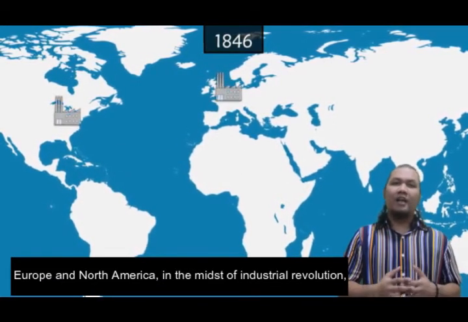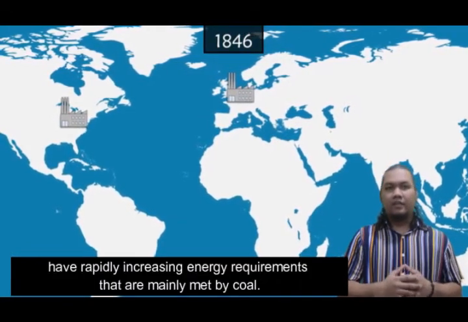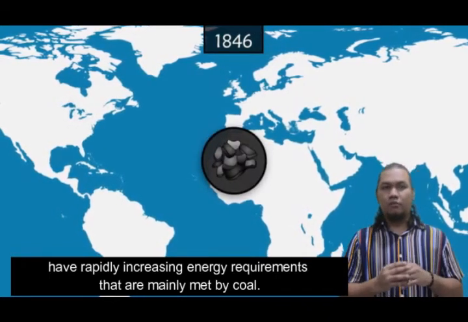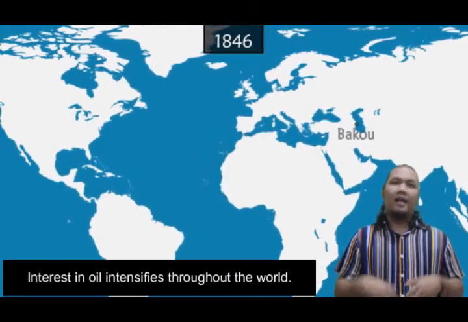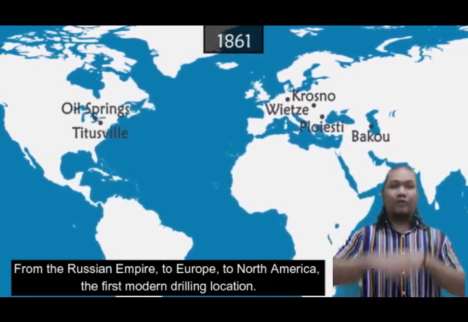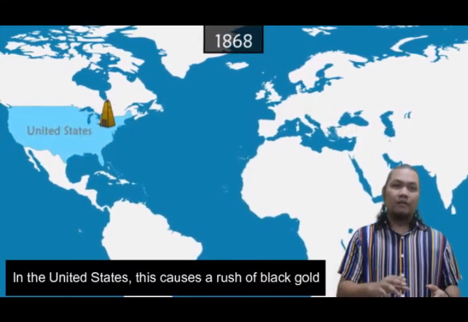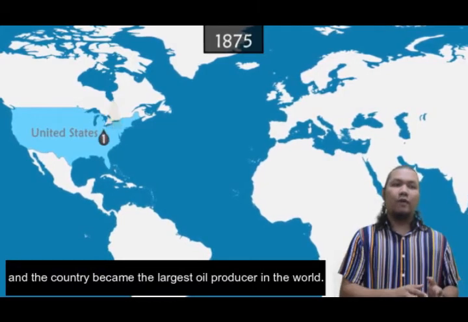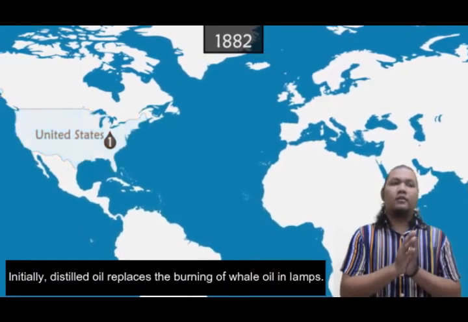Europe and North America, in the midst of the Industrial Revolution, have rapidly increasing energy requirements that are mainly met by coal. Interest in oil intensifies throughout the world, from the Russian Empire to Europe to North America, with the first drilling locations. In the United States, this caused a rush of black gold, and the country became the largest oil producer in the world.